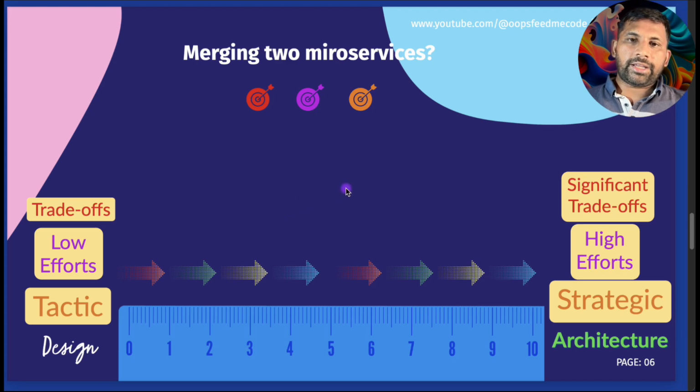First, I need to decide whether this item is a tactical decision or a strategic decision, and I will put it on this scale. In the same way, whether it's low effort or high effort, I'll put it somewhere here, right? If it is not taking too much effort, or it is very low effort, then I will put it on this side. And if there are huge trade-offs, I will put it on this side.